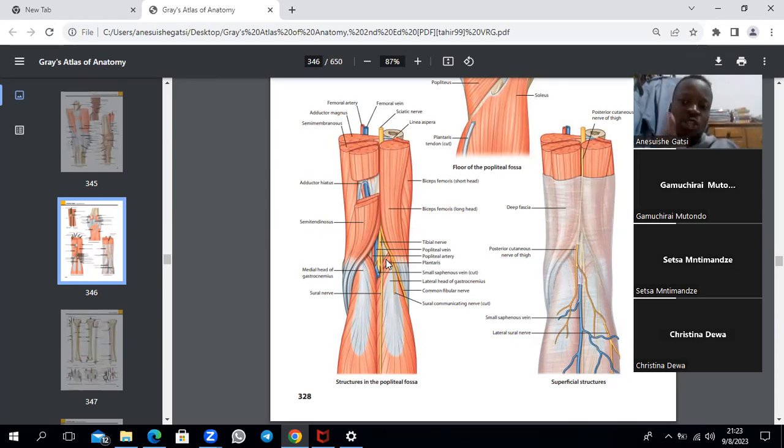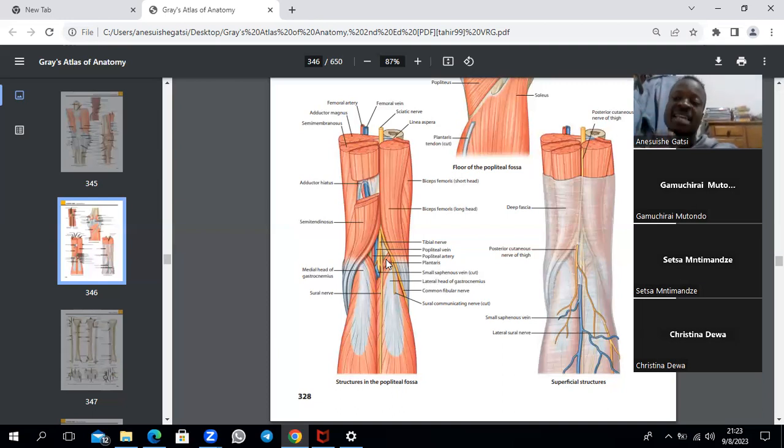So common sense will tell me that if I have two branches, the one that is more likely to innervate, not to innervate, it's a blood vessel, to give blood supply to the other compartment has to be the larger one. And the larger one in this case is the posterior tibial artery.